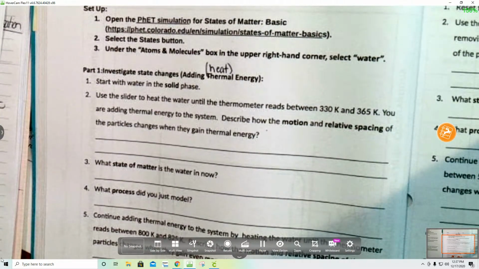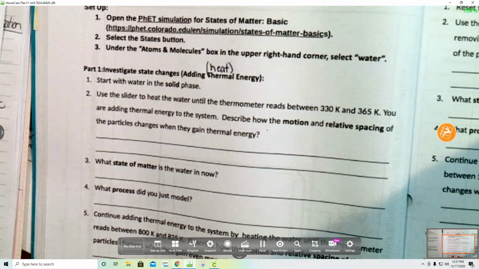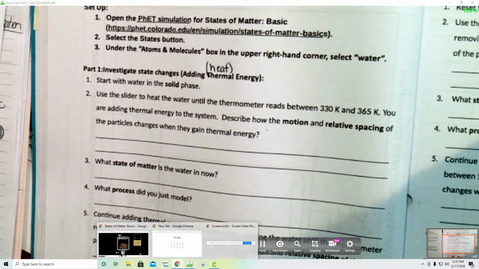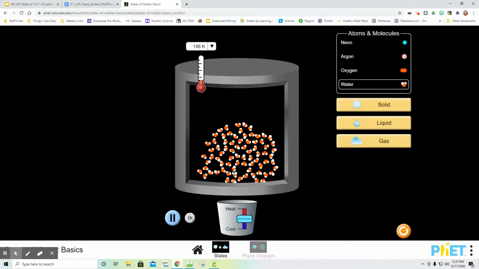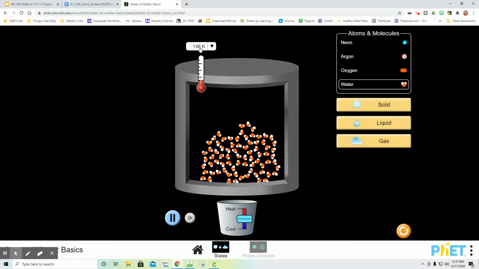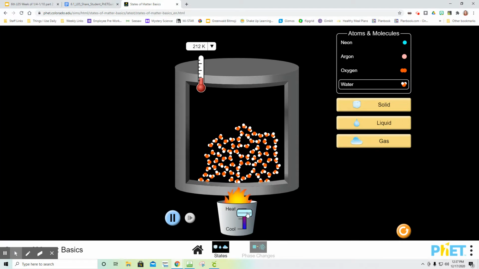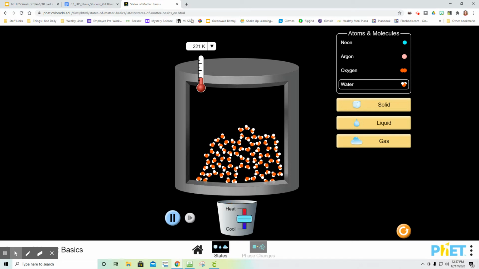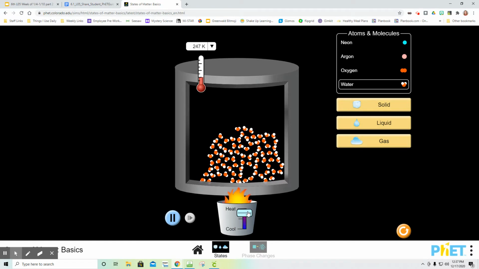Again, heat energy. So in the sim, what we want to do is heat the water until the thermometer reads between 330. We want to heat the water like that. See how it's changing at the time? We want to heat it to 330 to 365.